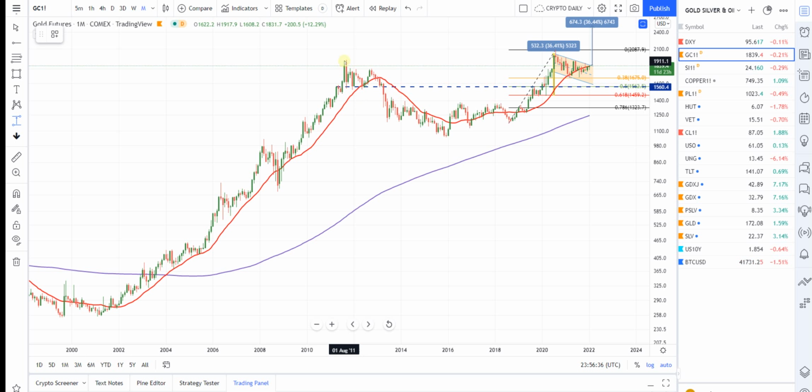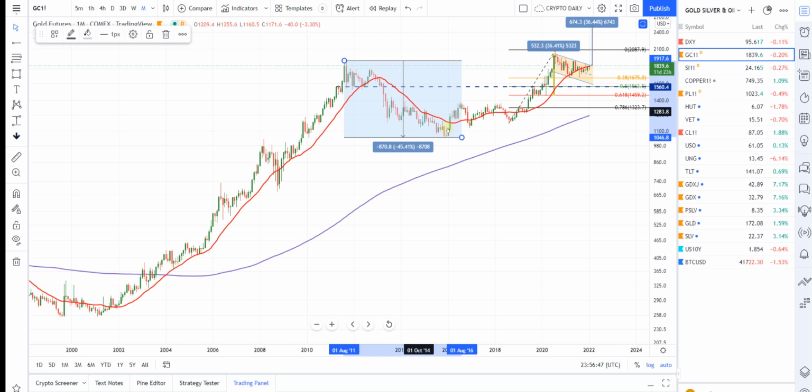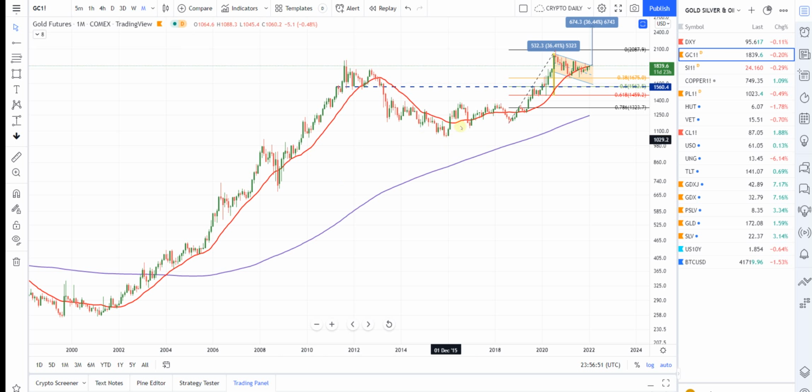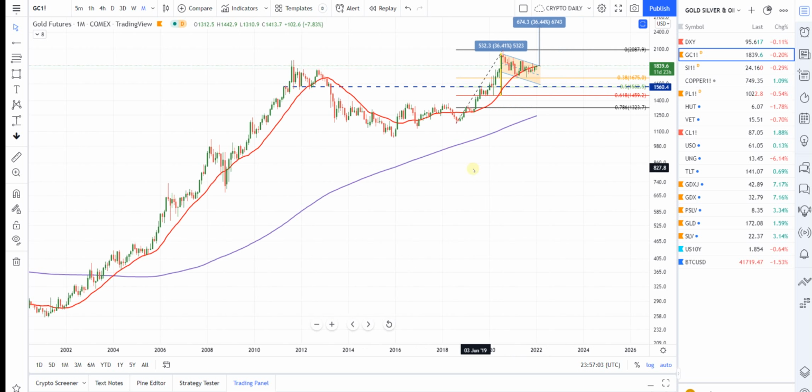Of course, it sounds worse than it looks, but from the all-time high down to the low was about a 45% pullback. Then prices did a lot of consolidation through 2016, 17, 18, to about the middle of 2019. Then we took off.